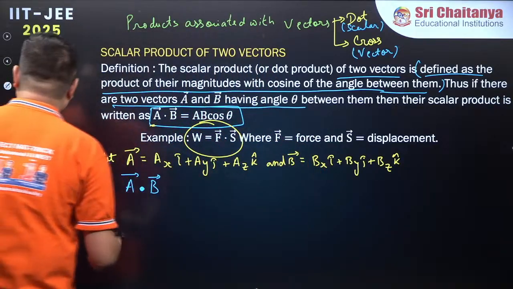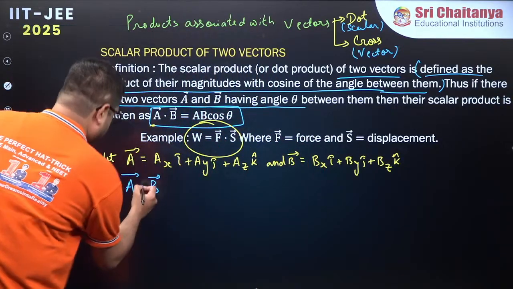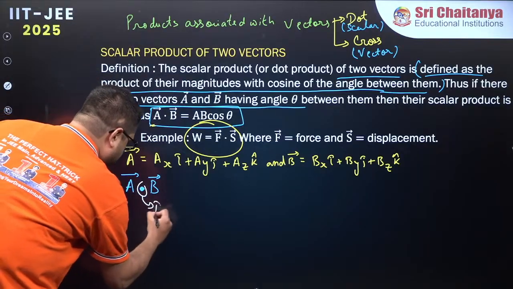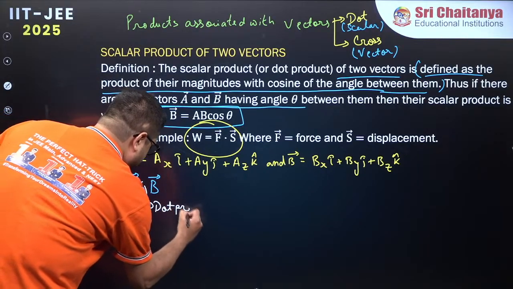Okay. So A dot B, what does this dot mean? Dot means the dot product operation which we are trying to perform.